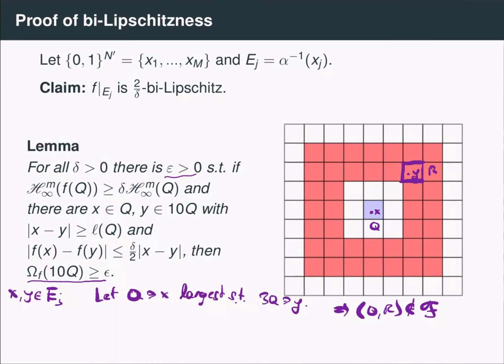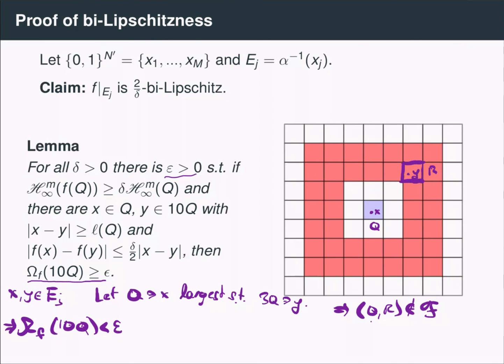So because QR is not inside this list of pairs, that implies that at least one of Q or R must be so that its omega number is less than epsilon. So without loss of generality, by symmetry, we can assume that it's 10Q that has omega number less than epsilon.